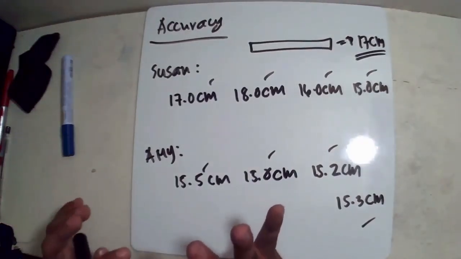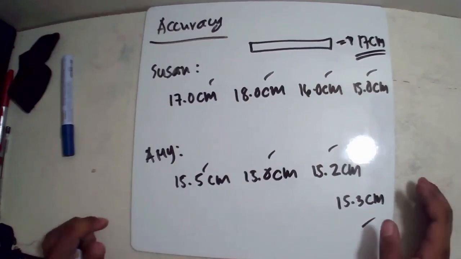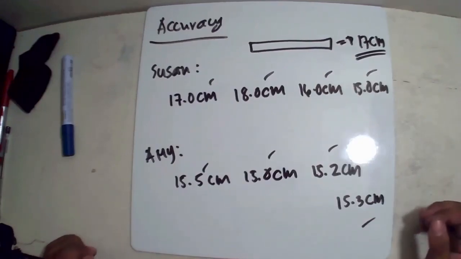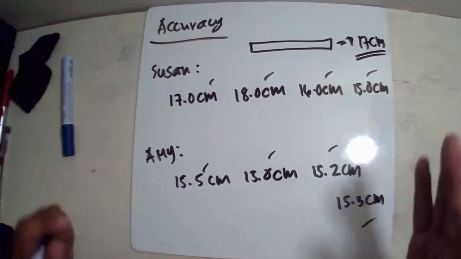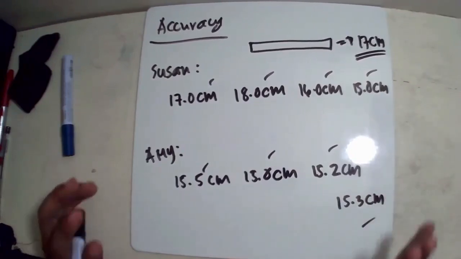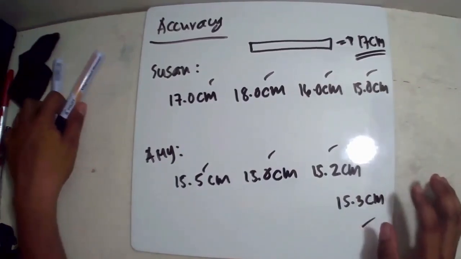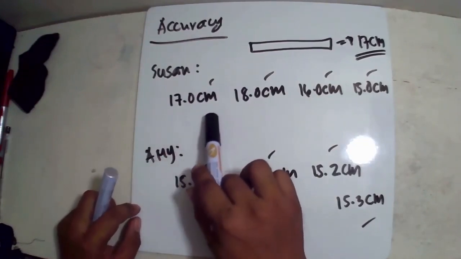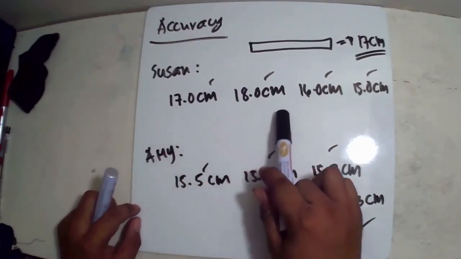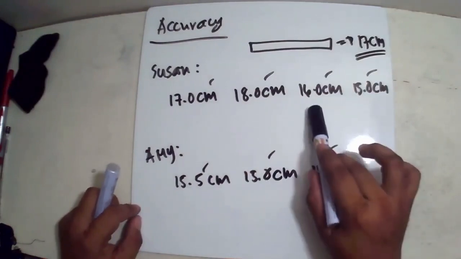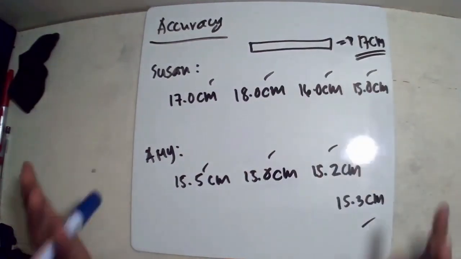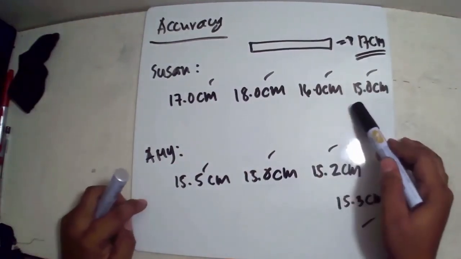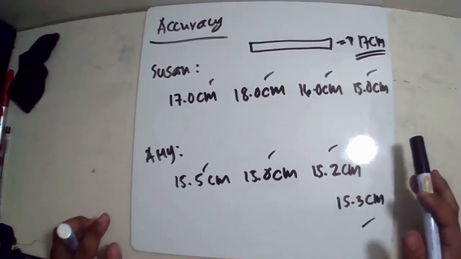Now, these two scientists are tasked to verify the measurement of that object. Susan arrived at this data: 17.0 centimeters for observation number 1, 18.0 centimeters for observation number 2, 16.0 for observation number 3, and 15.0 centimeters for observation 4.